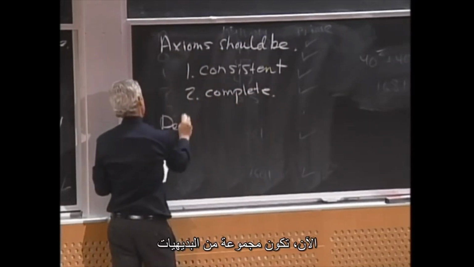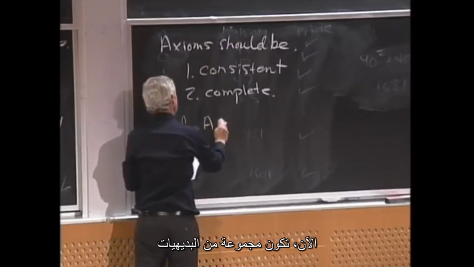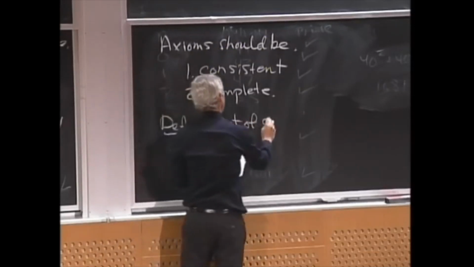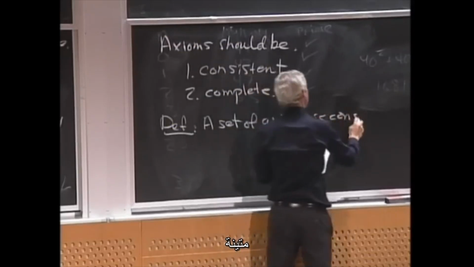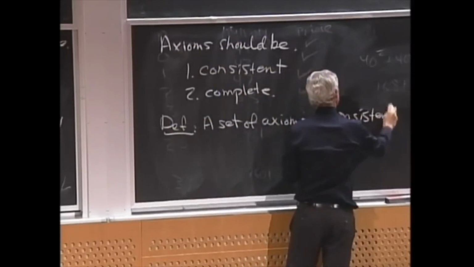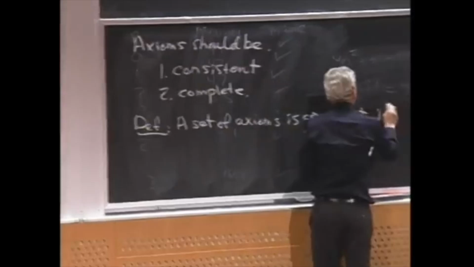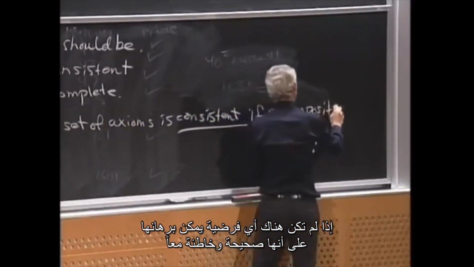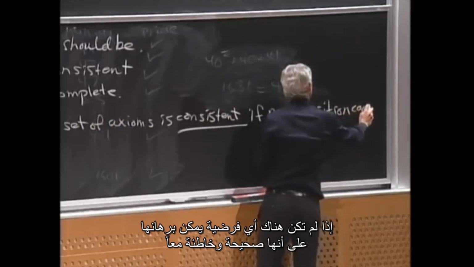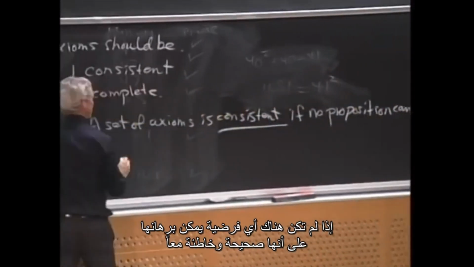Now, a set of axioms is consistent if no proposition can be proved to be both true and false.